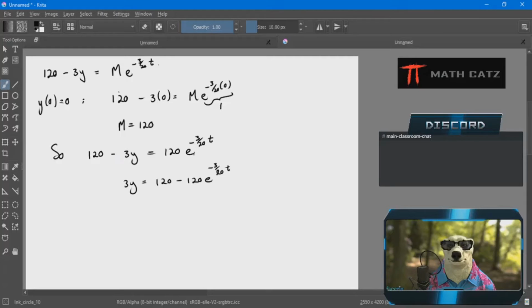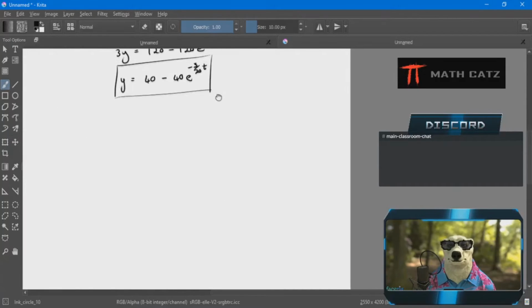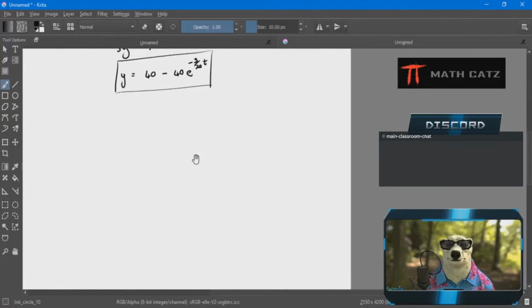This guy goes to the other side, that guy goes over, and dividing throughout by 3, y will be 40 minus 40e to the negative 3 over 20t. Now I'm not going to factor out the 40 because it's not always going to be the same number. We have our function right there.